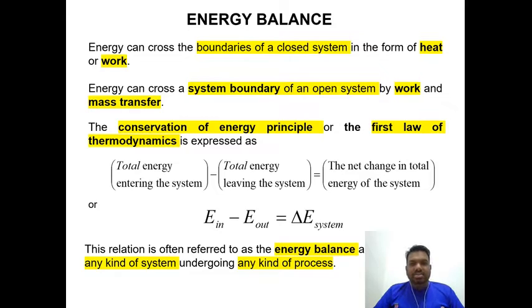The conservation of energy principle, or the first law of thermodynamics, is expressed as shown here. Total energy entering a system minus total energy leaving the system. We take the positive one first, minus the negative one, and we get the net change in total energy of the system.